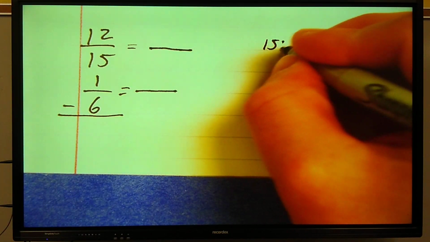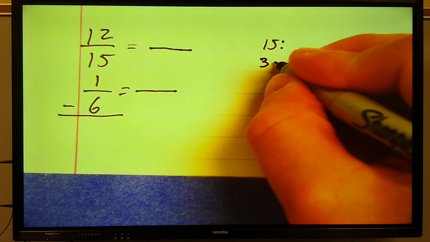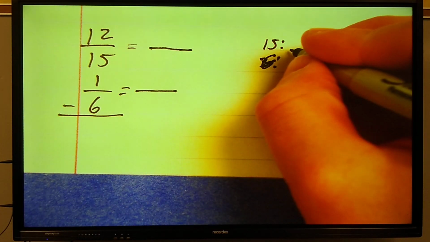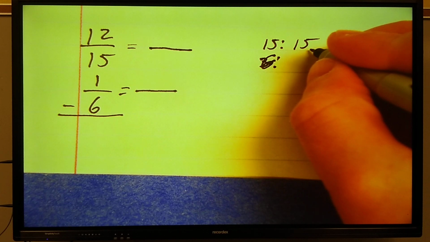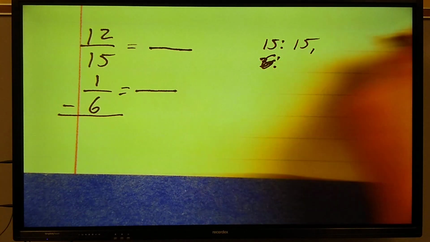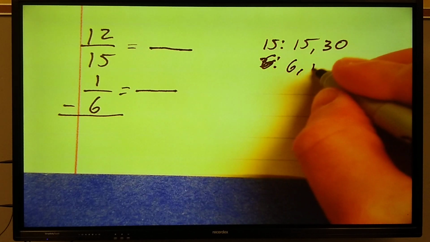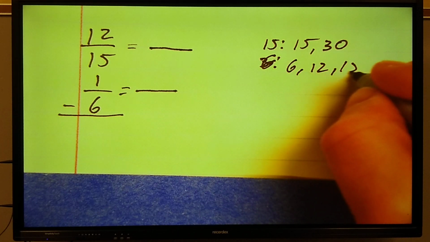So you take your denominators, and you must find one that is the same. Now you can do a lot of multiplication. You can do them one at a time, however you choose to do it.